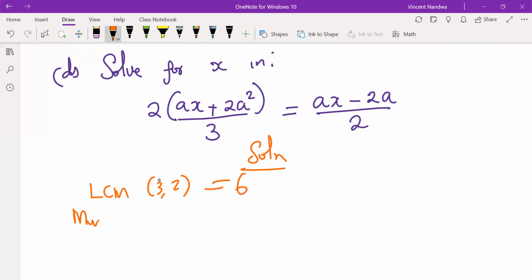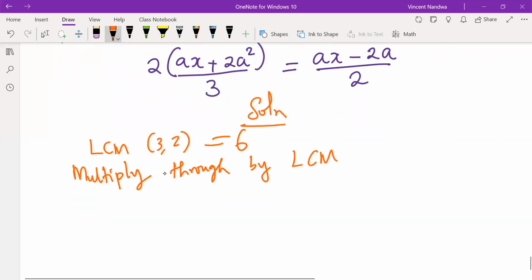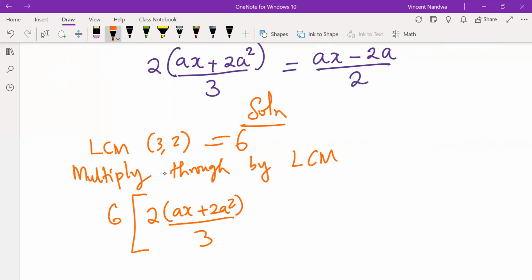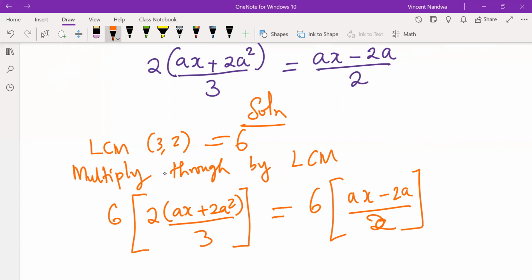So multiply through by the LCM. I'll have 6 times 2 into (ax plus 2a) squared over 3 equals 6 times (ax minus 2a) over 2.